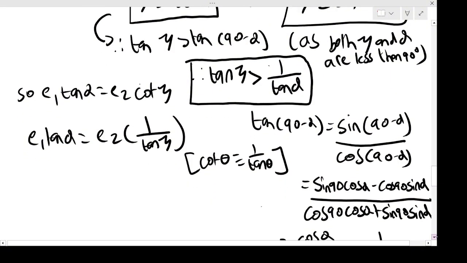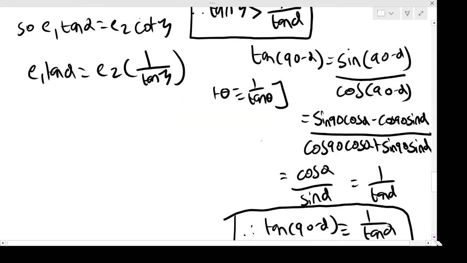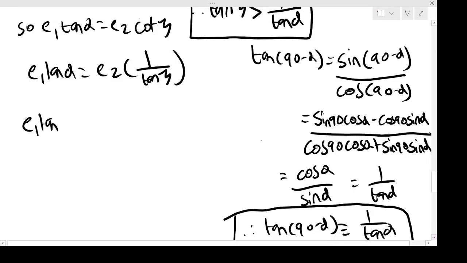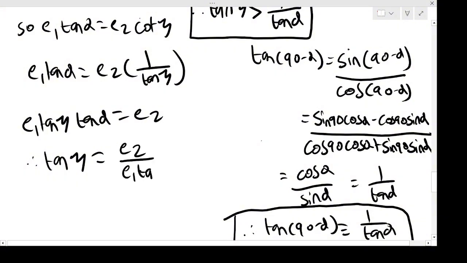If I now multiply this whole expression by tan gamma, I'm going to get E1 tan gamma tan alpha is E2. And then to get tan gamma on its own, I'm going to divide by E1 tan alpha, so it's going to be E2 over E1 tan alpha.